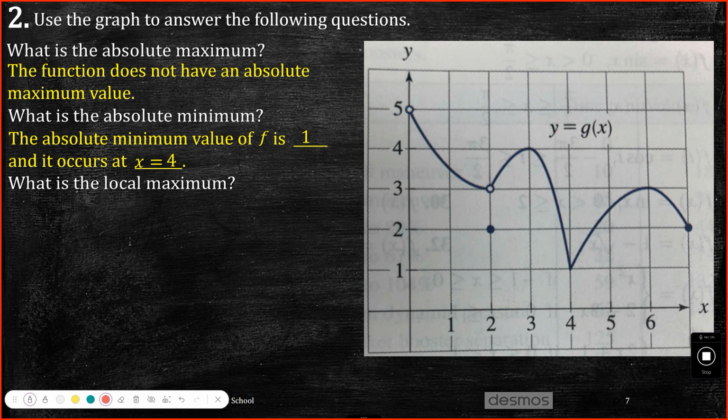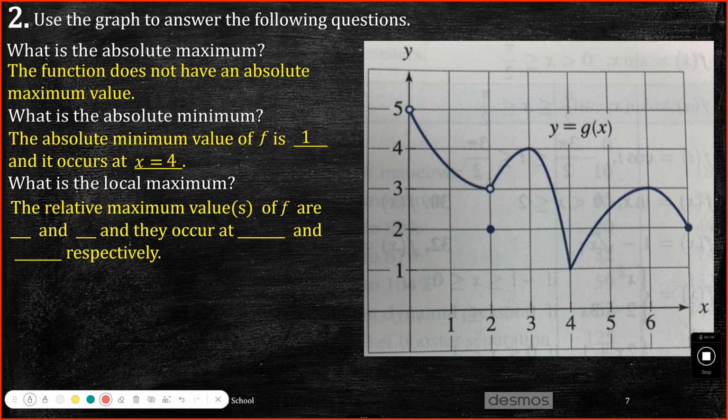So they have to be local maximums. Local means relative. The relative maximum values of f are 4 and 3, and they occur at x equal to 3 and x equal to 6.